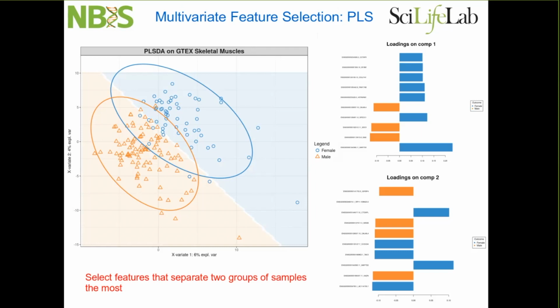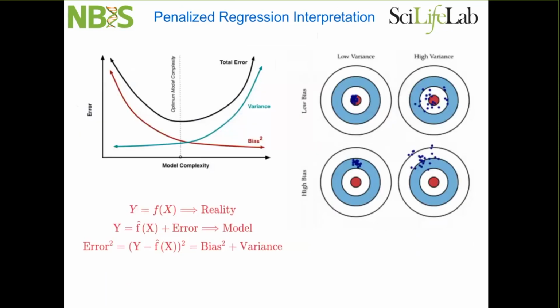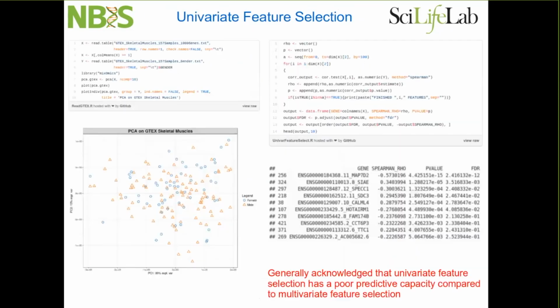That's why in English-speaking literature, people often say partial least square regression, PLS. And the simple idea behind PLS is that, in contrast to PCA, here I was showing a PCA plot using gene expression as underlying data. But this PCA was done, so different colors display males and females.